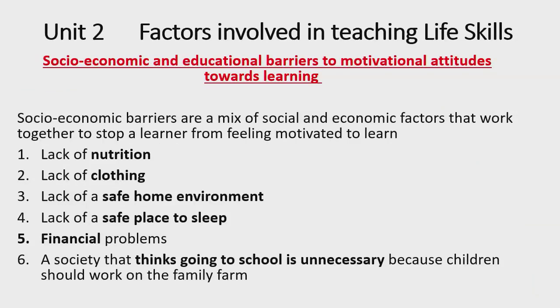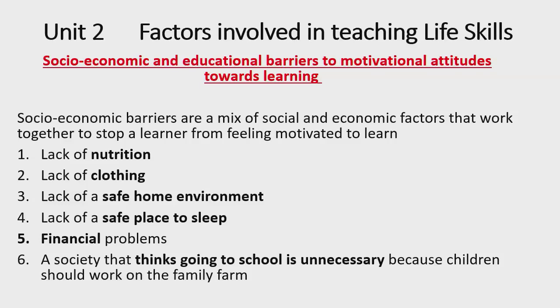So when we look at socio-economic and educational barriers, it's a mix of the social, as the word says, social and economic or financial factors that would together prevent the learner to feel motivated to learn. So a few mentioned here is the lack of nutrition.